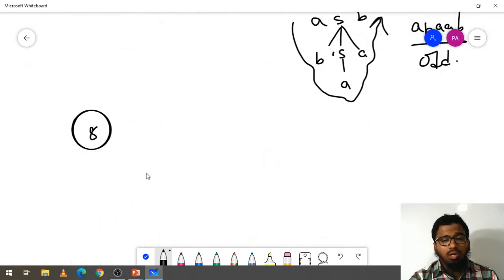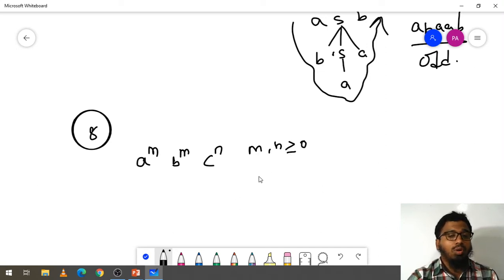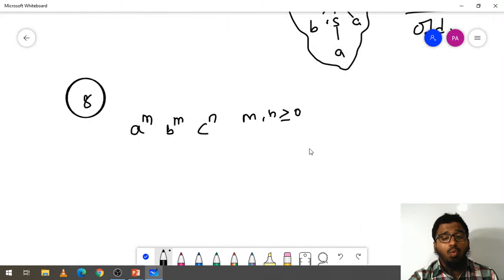What is the eighth one? Here A power M, B power M, and C power N. So this is an equation language. Here M comma N should be greater than or equal to 0. So for this we need to make a grammar.